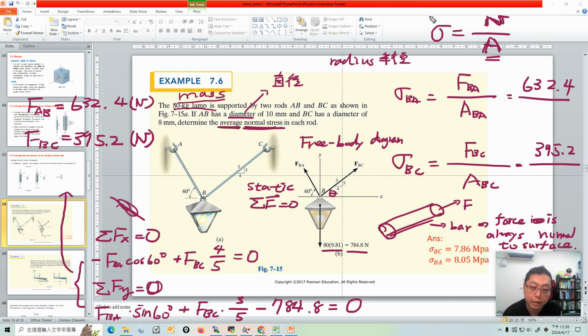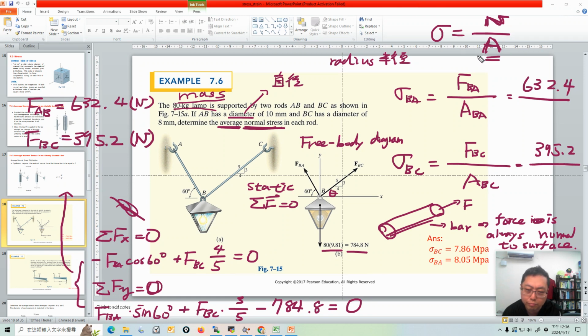Because in the normal stress calculation, I just mentioned that you need to make sure your surface direction and your force direction are the same. So your force direction is always normal to your surface.